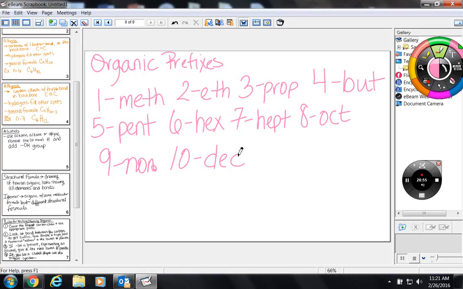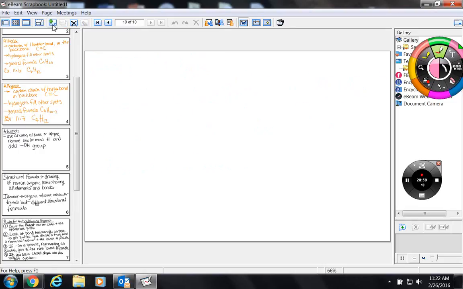Now we'll get into it, so it might look something like this. Typically, you can do it either from the structural formula or from the name.